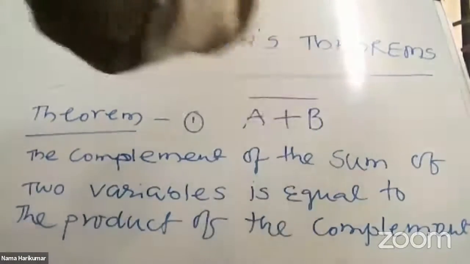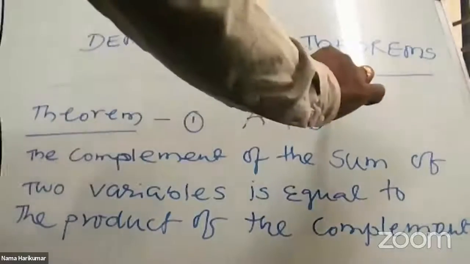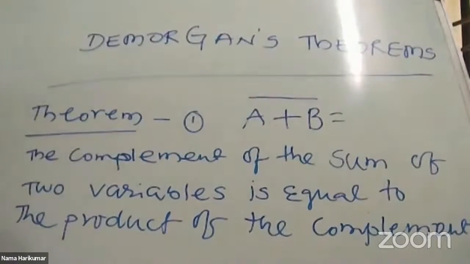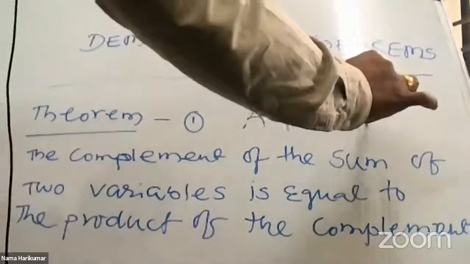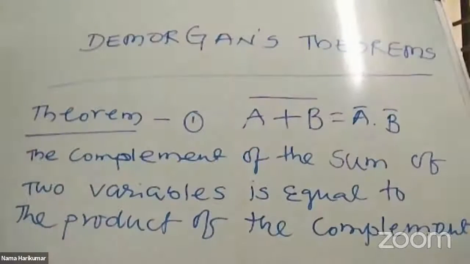The complement, that is A plus B whole bar, is equal to the product of the complements. These are A complement and B complement products, that is A complement dot B complement. That is the De Morgan first theorem.